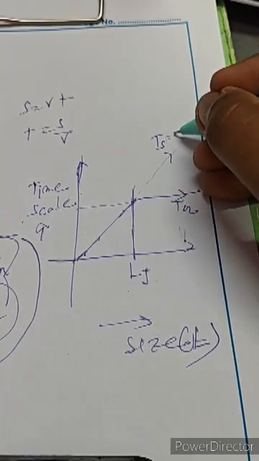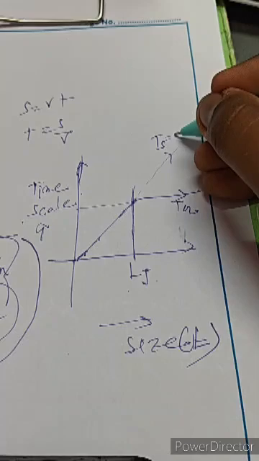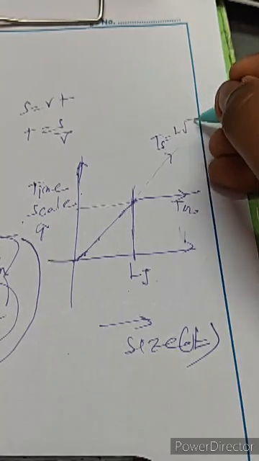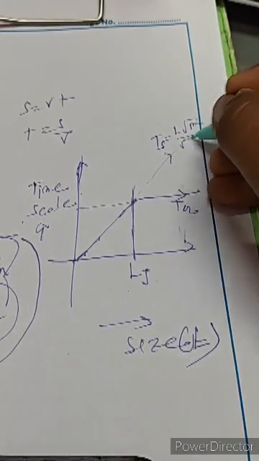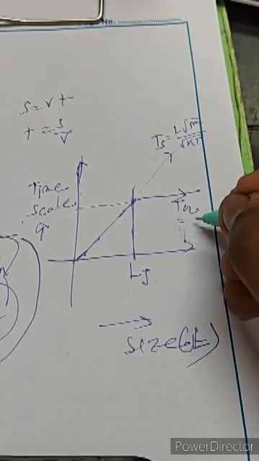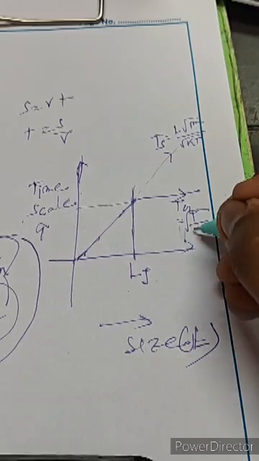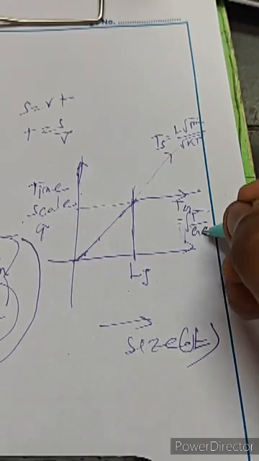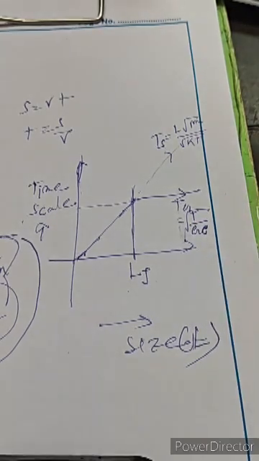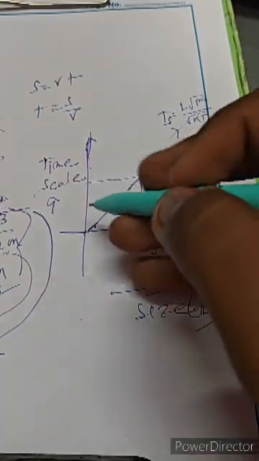So TS is L root M by root KT, and TG is equal to root over 1 by G rho.